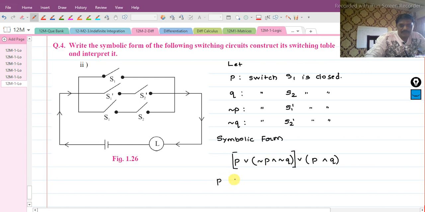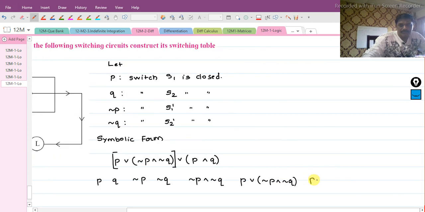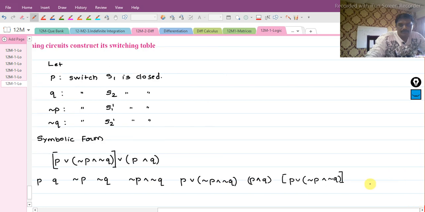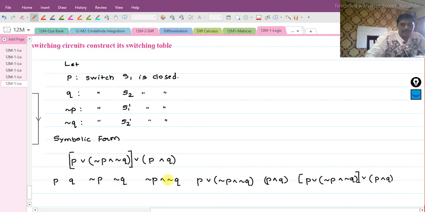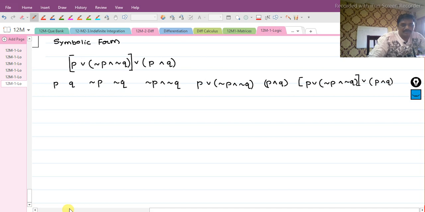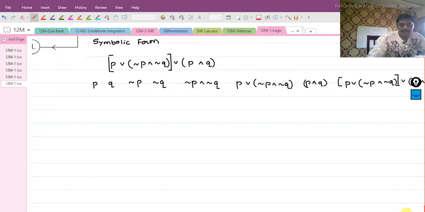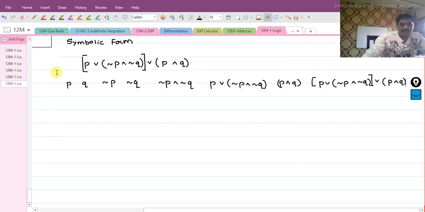So columns होंगे P, Q, negation P, negation Q, negation P and negation Q, P or negation P and negation Q, then this is P and Q, and the last is going to be P or negation P and negation Q, or P and Q. So many columns are going to be there. 8 columns are going to be there. It's going to have 8 columns.